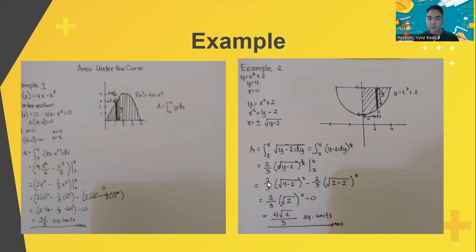So it equals 2/3, substitute 4 for y, then the quantity square root of 4 minus 2 raised to 3, minus 2/3 times the quantity square root of 2 minus 2 raised to 3. So it equals 2/3 times square root of 2 raised to 3 minus 0. So the final answer is 4 square root of 2 over 3 square units.